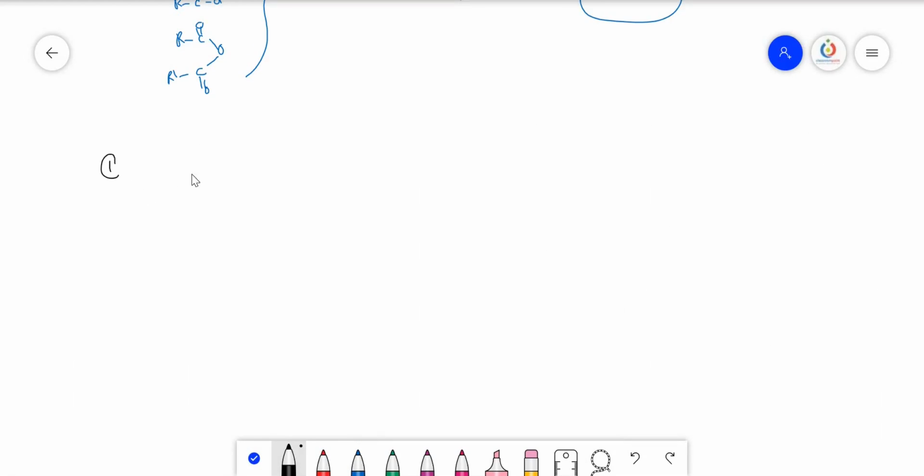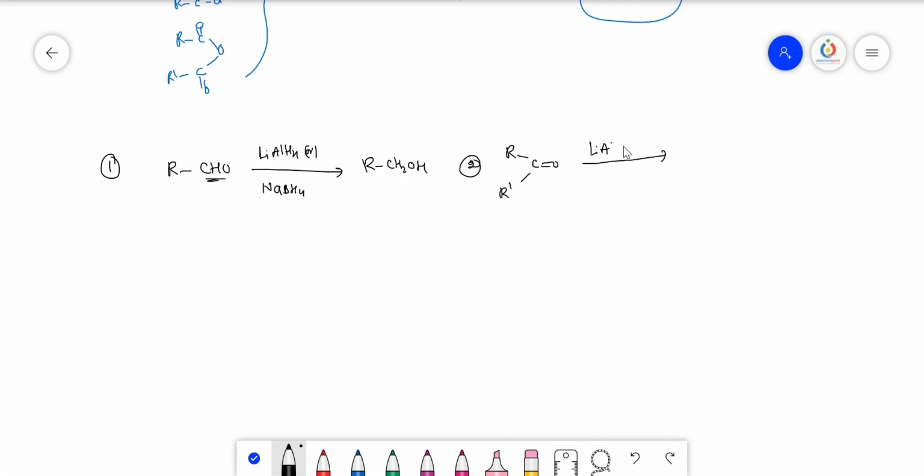So, first example, let us take the aldehyde. Here you can take lithium aluminum hydride or sodium borohydride, because both can reduce aldehyde to the respective primary alcohol. Now let us take the keto group, R, R dash. Here also you can use lithium aluminum hydride or sodium borohydride.